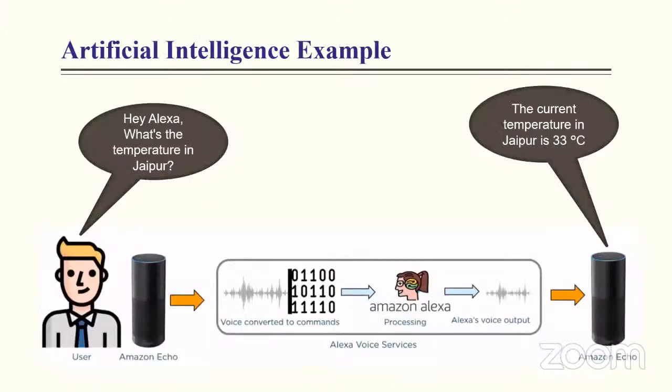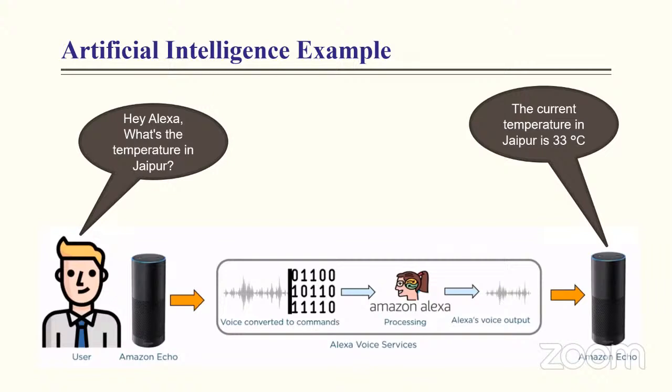So let's take an example of artificial intelligence. Now I'm asking, hey Alexa, what's the temperature in Jaipur? When I say that, my voice is converted into commands for Alexa. Then Alexa does the processing.